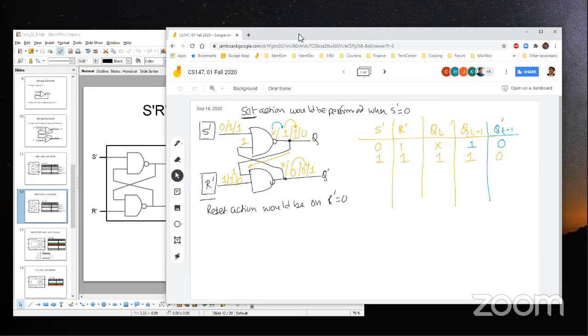So from here, if I have 1 at the SBar terminal and RBar as 0, then Qt, no matter what the current value is, let's say in this case it was 1, will turn to 0, and this guy will be 1.